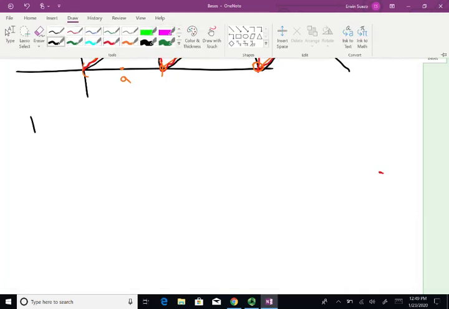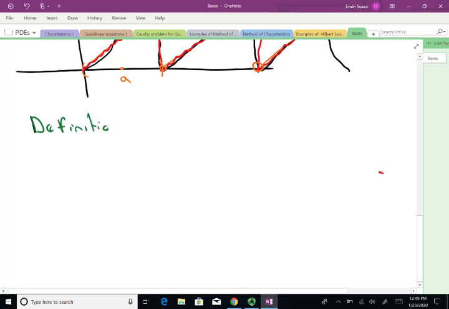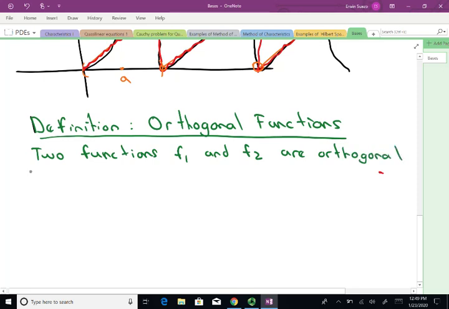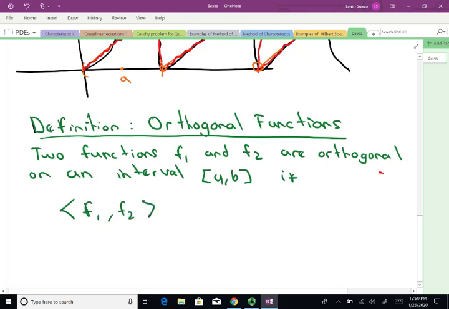Definition: two functions f1 and f2 are orthogonal on an interval [a, b] if the inner product of f1 and f2, that in our case is the integral between a and b of f1 of x times f2 of x dx, is 0.